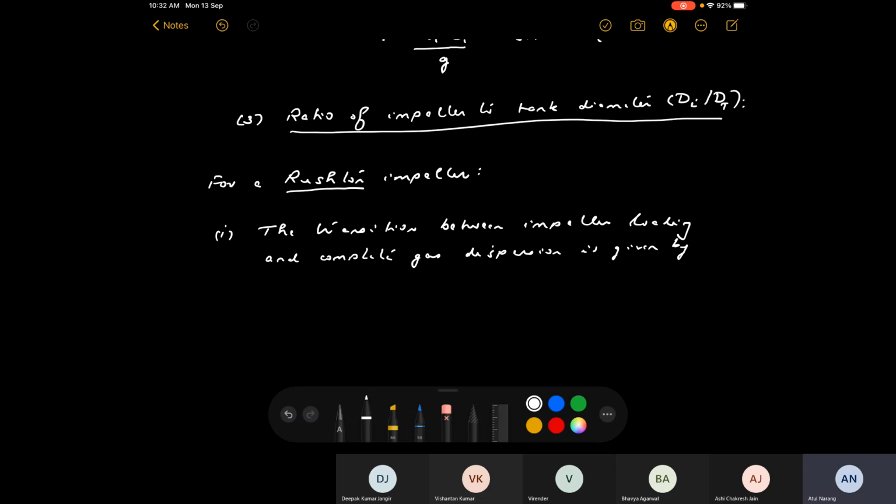So this occurs precisely when FL is equal to this quantity.